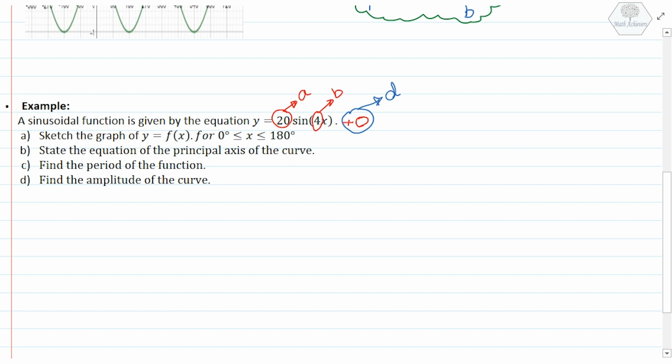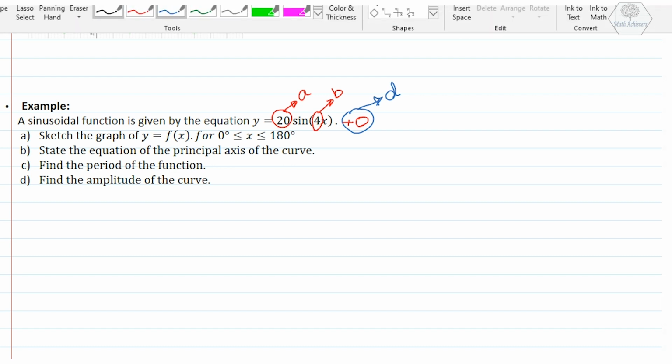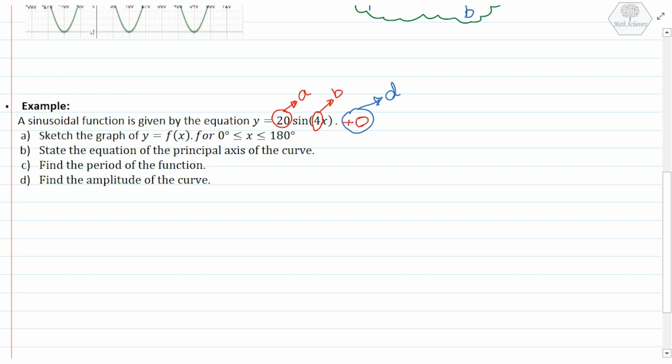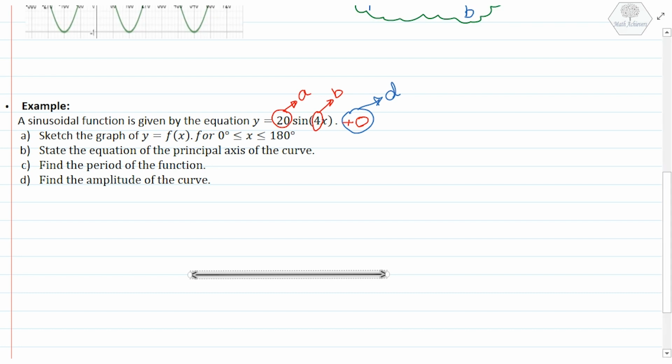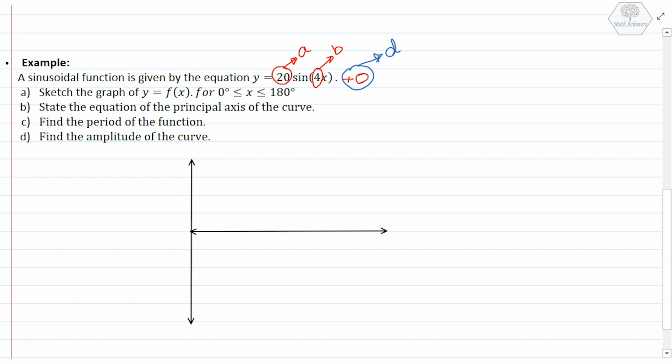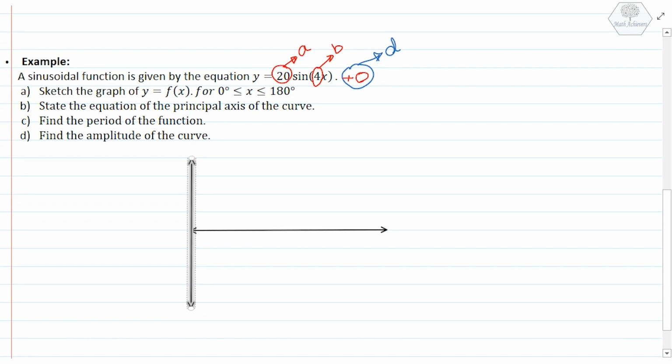For part A, we need to sketch the graph of y equals f of x from x equals 0 to 180. So let's draw our axes first. I want it from 0 to 180, so let's have another axis in here, like this.